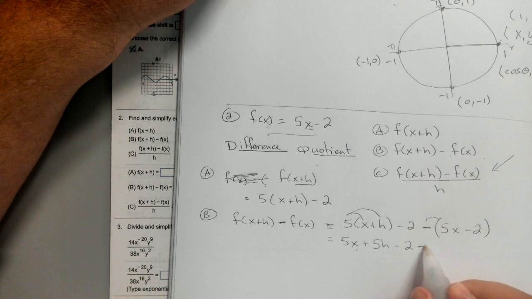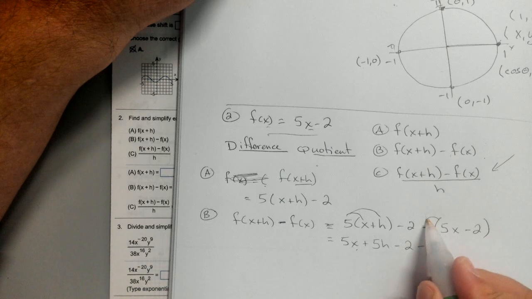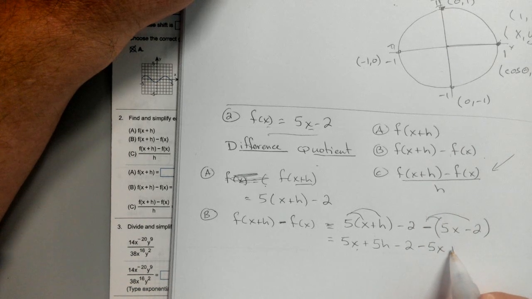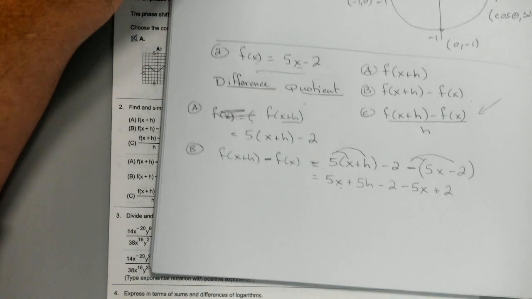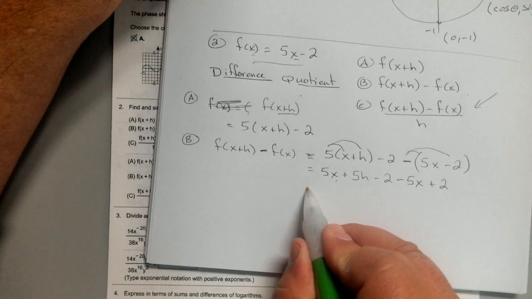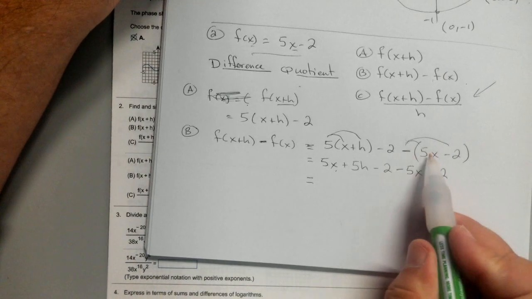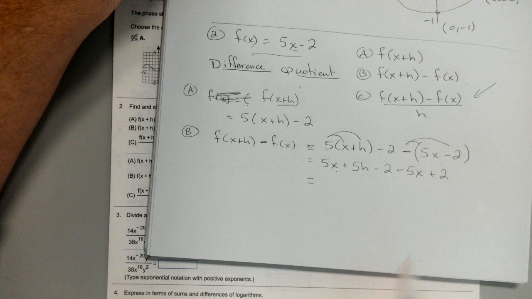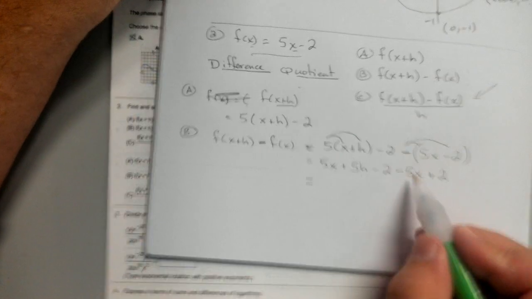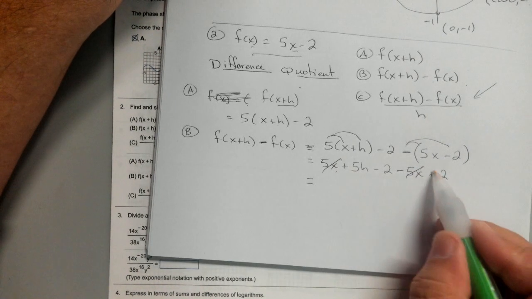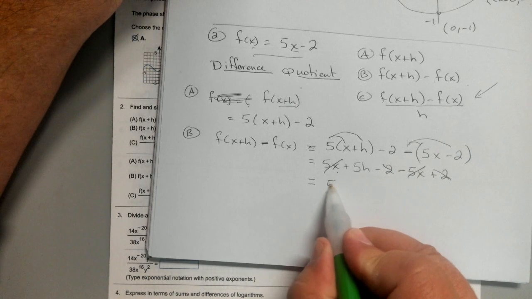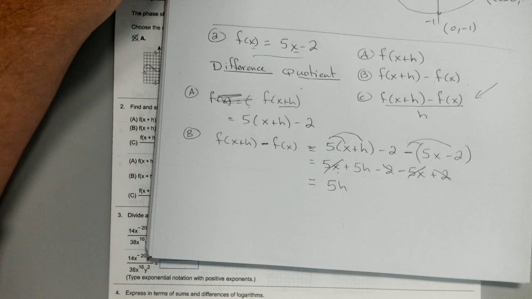Negative times positive is negative 5x. Negative negative is a positive 2. In the difference quotient, everything after the minus sign has to disappear. And sure enough it will. Negative 5x and 5x, positive 2 and negative 2, so we just have 5h.